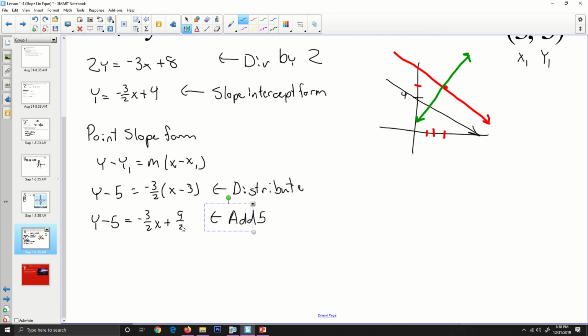I want to add 5 to 9/2. Well, they don't have a common denominator, so I have to figure out how many halves are in 5. Well, there are 10 halves in 5. When I add it to 9 halves, I'll get y equals -3/2 x plus my 10 halves and my 9 halves is 19 halves. And we'll call it there. There's my parallel line.